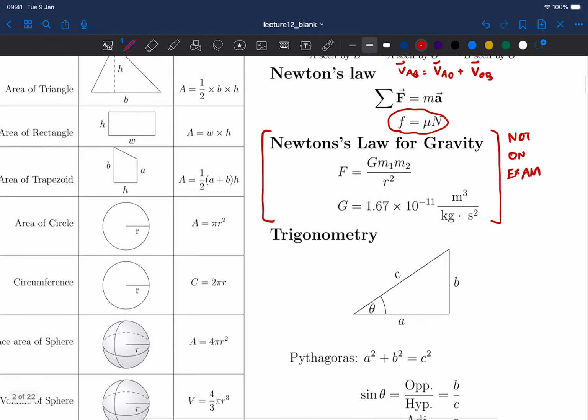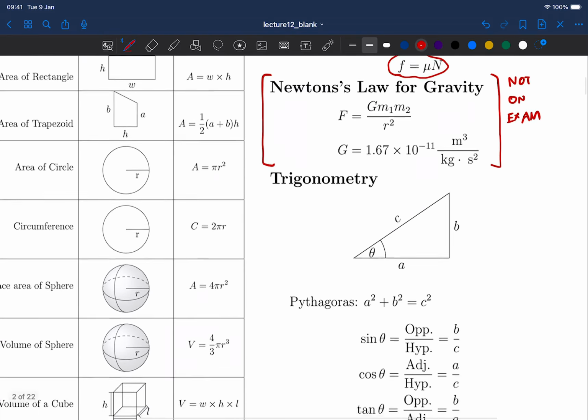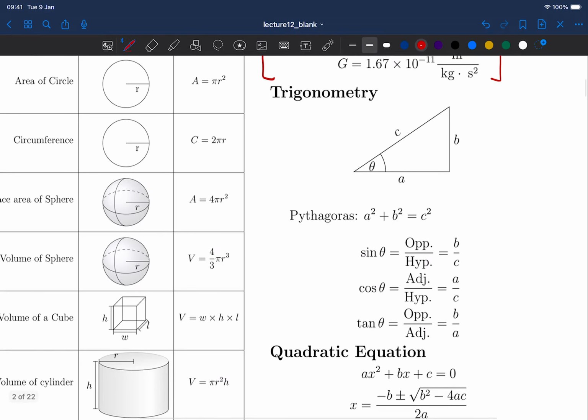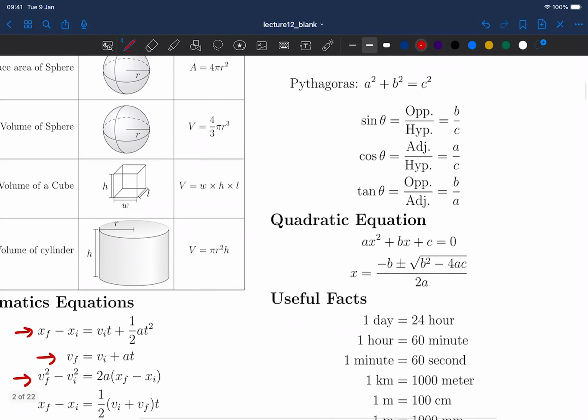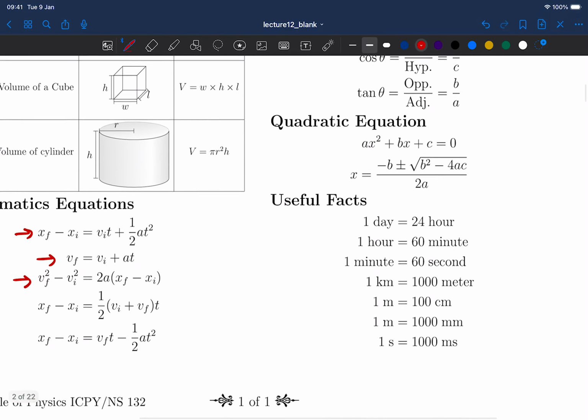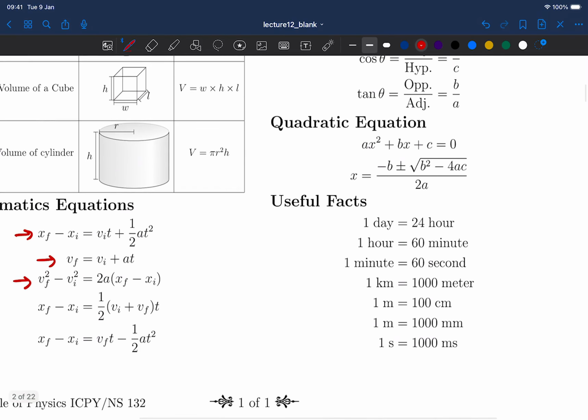So be careful there. And the right triangle: Pythagoras theorem, sine, cosine, tangent, just to remind you what they are. And the quadratic equations, how to solve them, and some unit conversion.